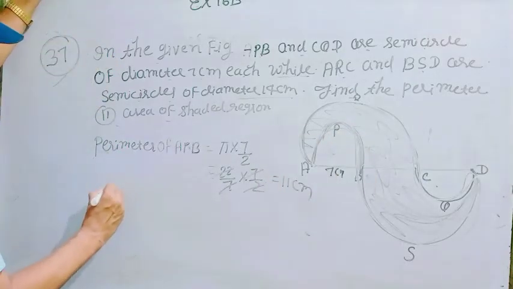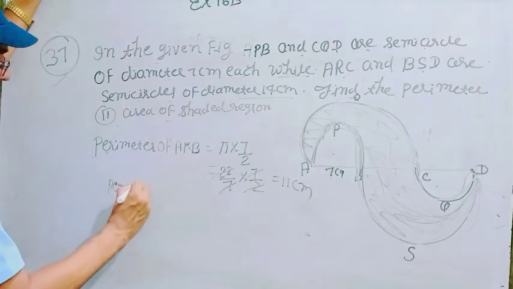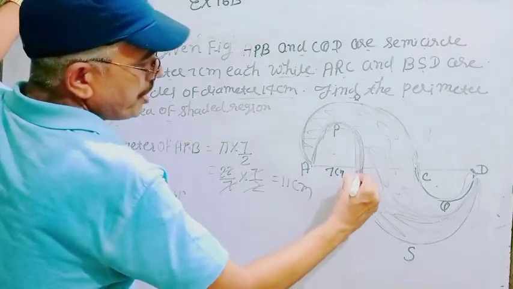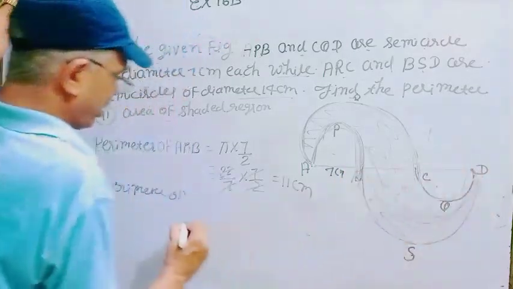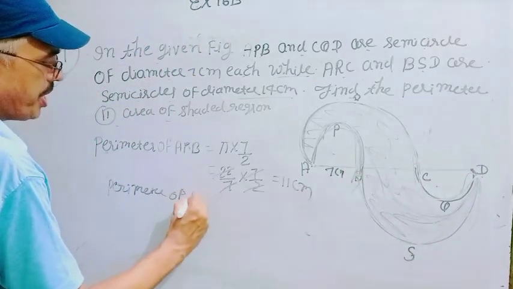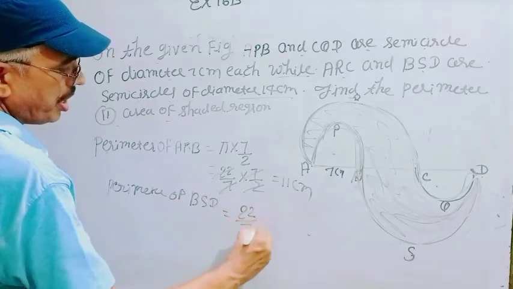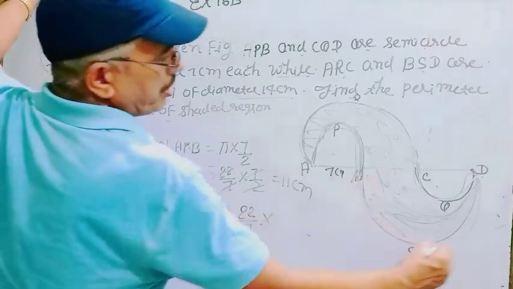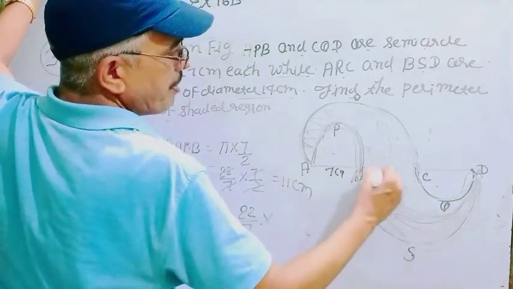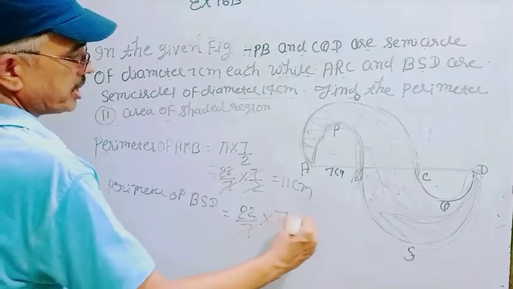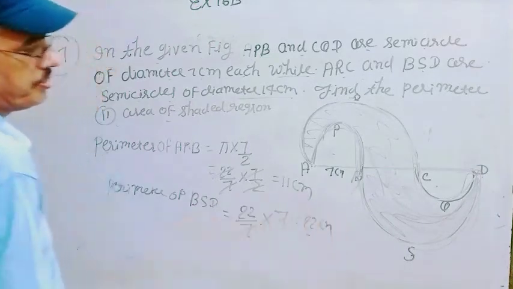Now the perimeter of BSD. It is pi r, and now r is 7 because diameter is 14, so r is 7, so it is cancelled, that is 22 cm.